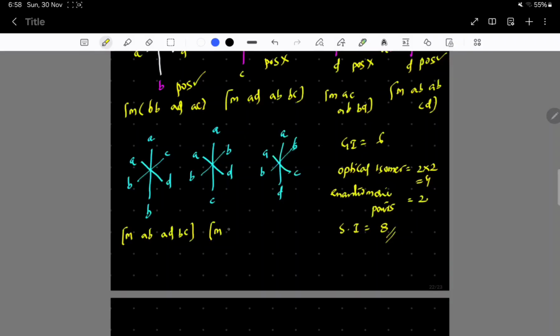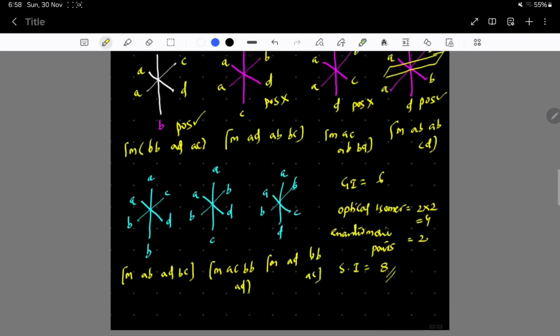Now this combination, student, AC BB BB AD, and one more combination you can check, AD BB and AC. Check one by one, student, if any combinations are repeated you can cross verify, right.